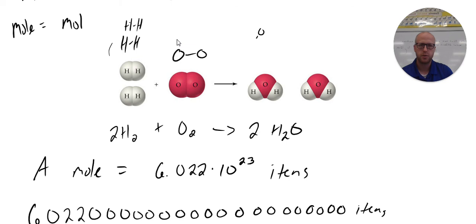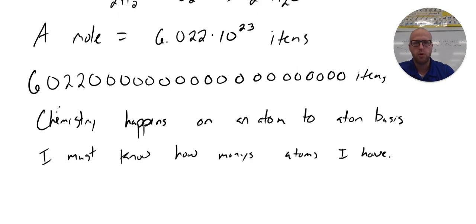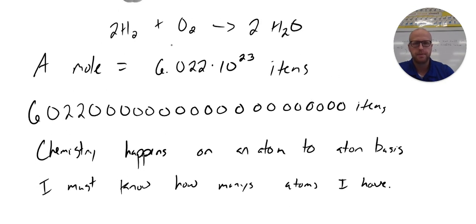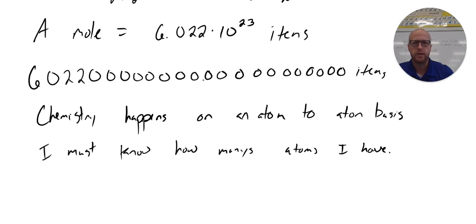And then I'd produce 2 more water molecules. So when a reaction happens, this is really what's going on. Individual ones of these are pairing up with this guy to produce 2 waters. But when we see it, we're seeing it on such a massive scale. So a mole is going to allow us to look at what type of scale that is. How large of a scale is that really happening on? So a mole is 6.022 times 10 to the 23rd items.